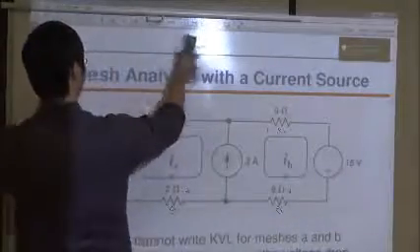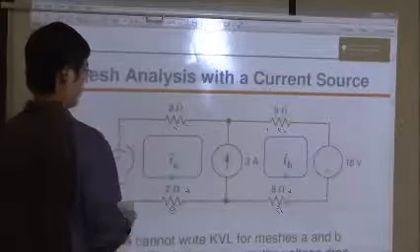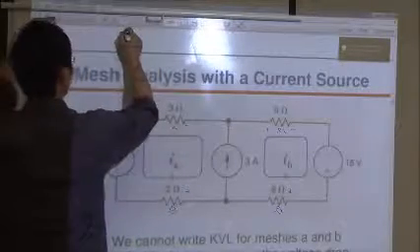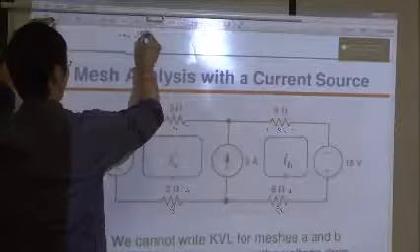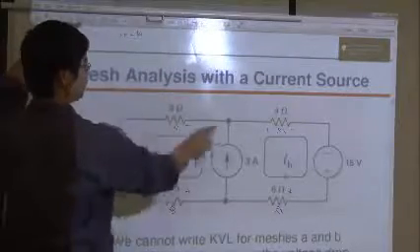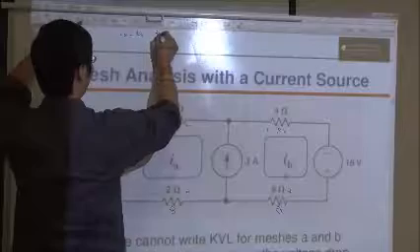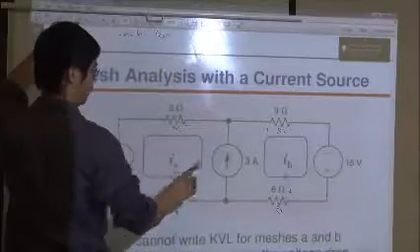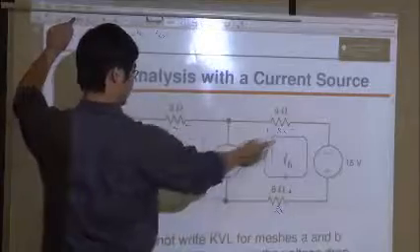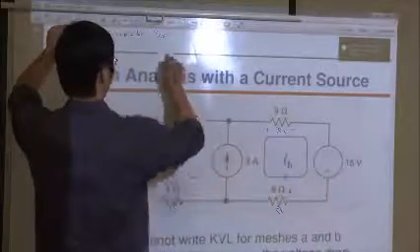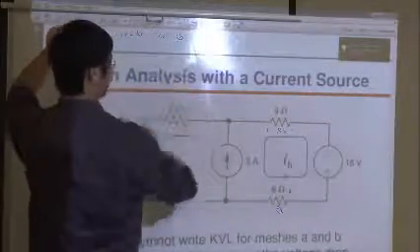So the voltage drop across R1 will be, as we said, the current through R1 is simply IA. For R2, there's no relation of this current source to this resistor, so the current through R2 will simply be IB.